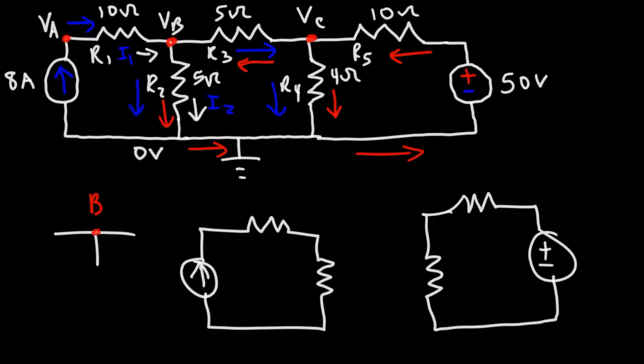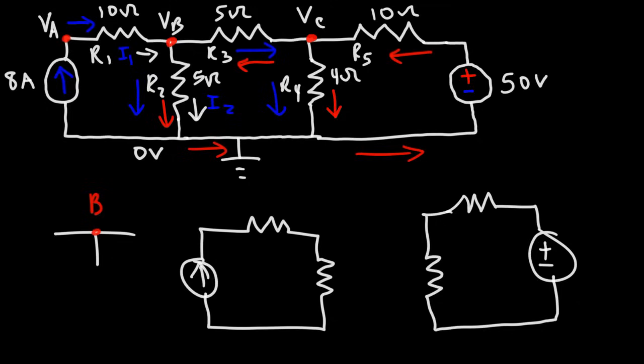In order to determine the direction of the current through R3, we need to determine which value is greater, VB or VC. If VC is greater than VB, the current will flow from a high potential to a low potential, so the red arrow would be correct. If VB is greater than VC, then it's going to flow from left to right. The blue arrow would be correct.